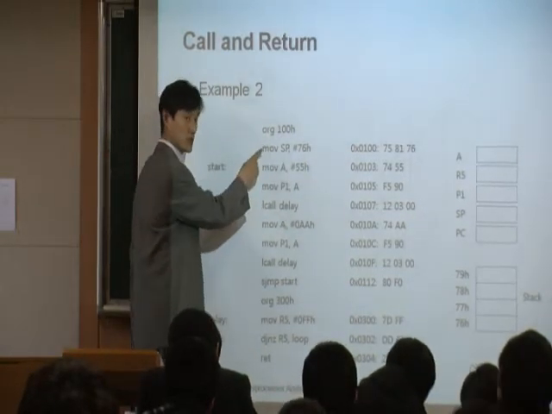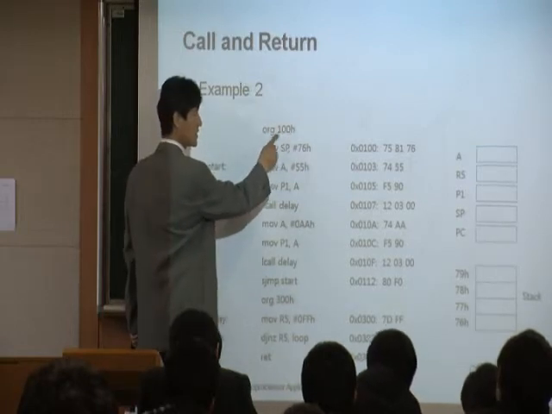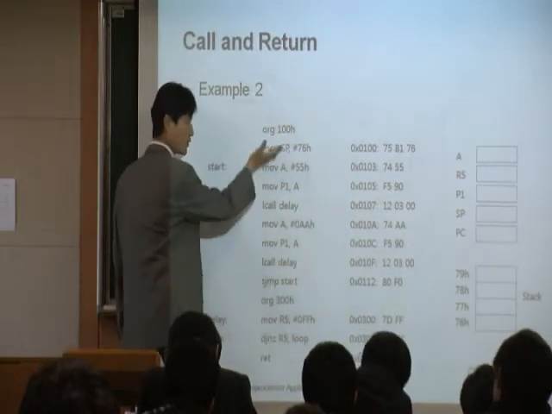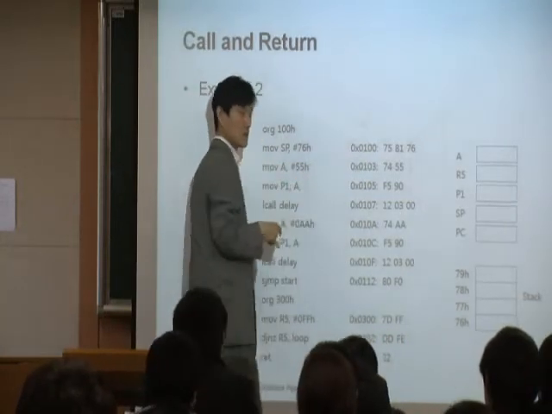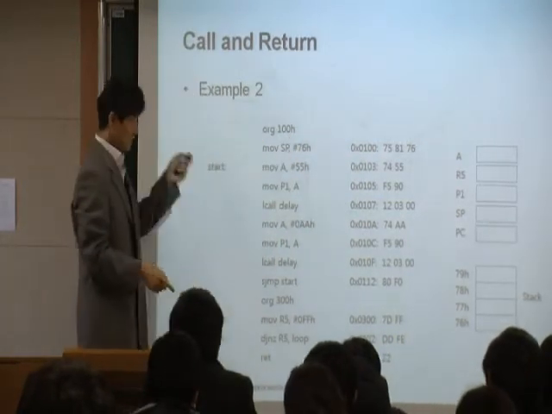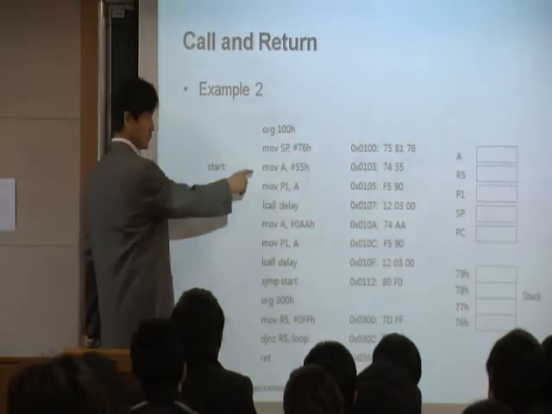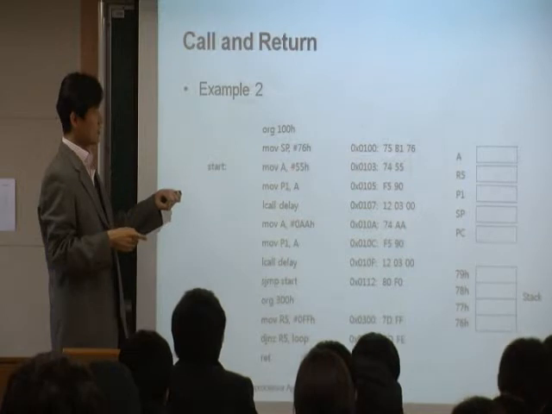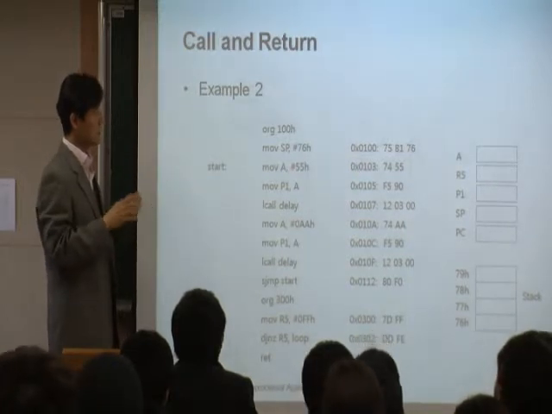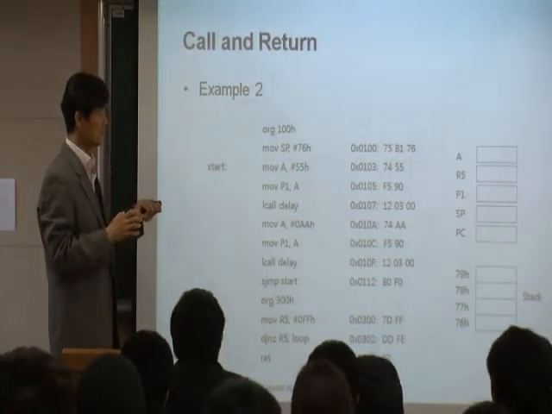This is a directive, one of the directives. This directive tells you that my program here will be downloaded into 100H. This first line, MOV SP, 76, is simply a setting of your stack pointer to 76.